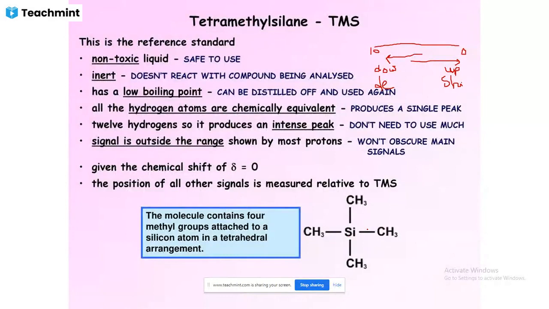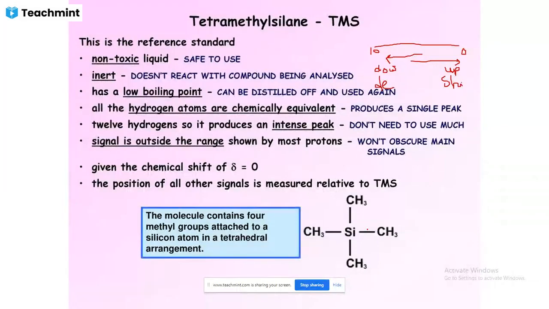Silicon is tetrahedral in nature, having the carbon family members. Silicon having the 4 groups CH3, that is tetramethylsilane. So we are using tetramethylsilane as a reference standard in PMR, proton magnetic resonance spectroscopy.